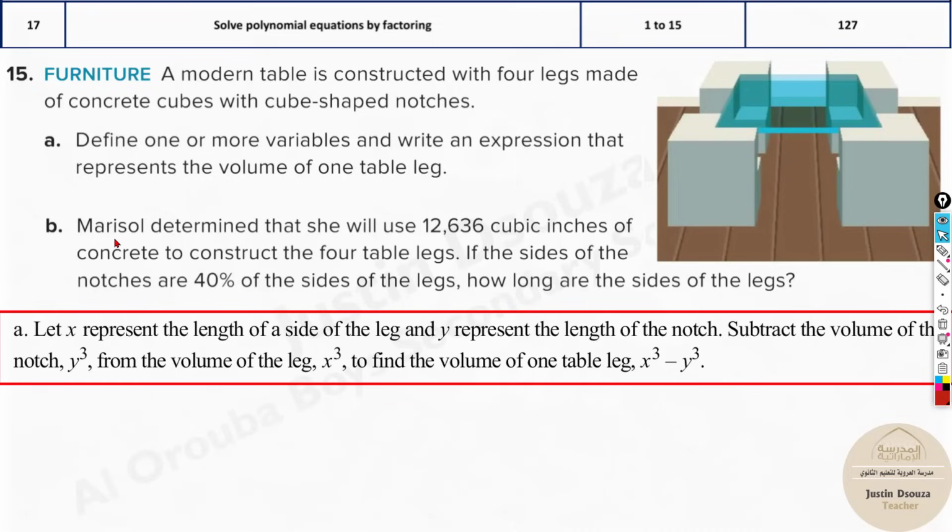Now they have told us Marisol determined that she will use 12,636 cubic inches of concrete to construct the 4 table legs. If the sides of the notch are 40% of the sides of the legs, how long are the sides of the legs?